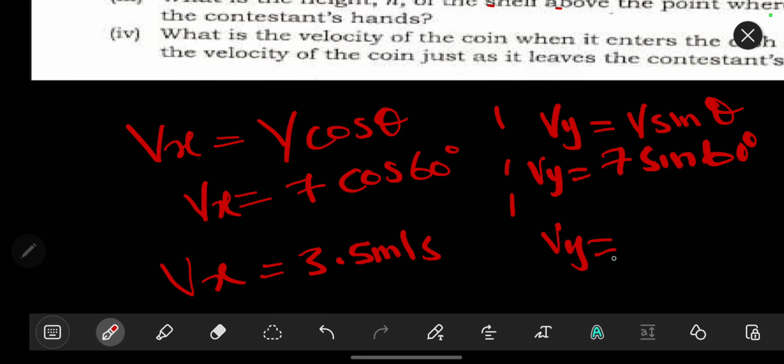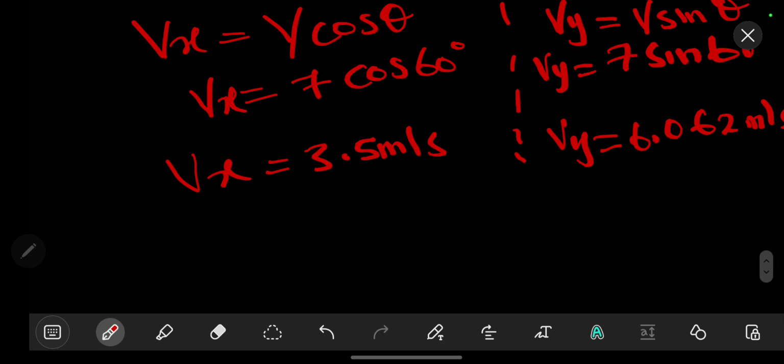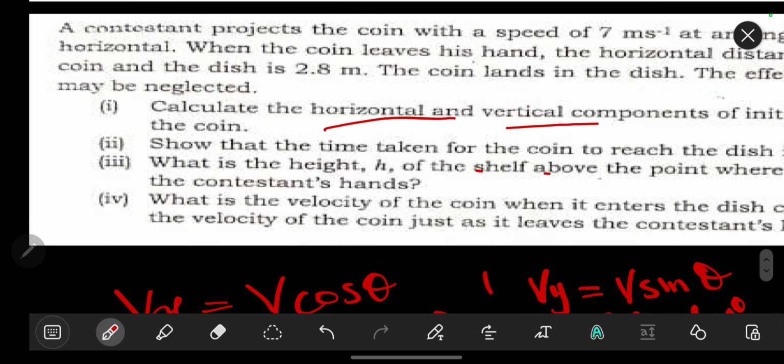Our Vy, 7 sine 60, will give us 6.062 meters per second. So after doing that, we have answered our first part.